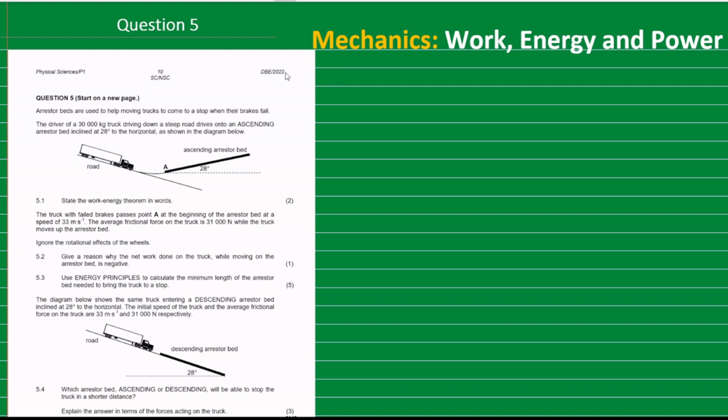Okay, so the work energy theorem is stated as follows: the net work done on an object is equal to the change of kinetic energy. Okay, I will write it here.